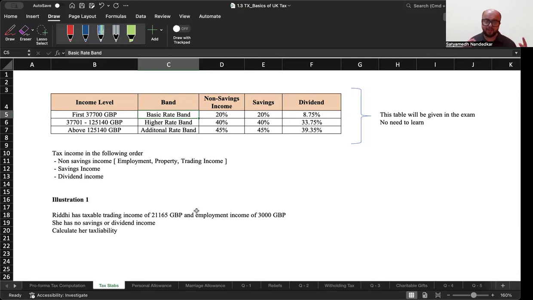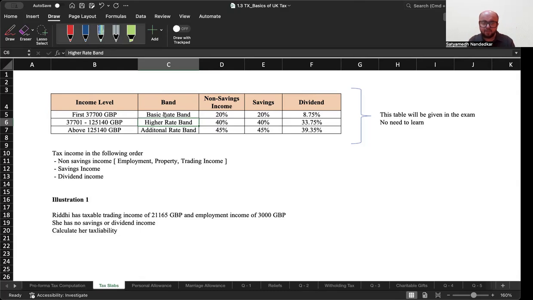Then you enter the higher rate band, which runs from 37,701 to 125,140. And the highest tax rate is above 125,140 pounds. Now you are ultra rich, you are elite. When your income is more than 125,140, you enter the additional rate band. There are different rates of tax for each band.